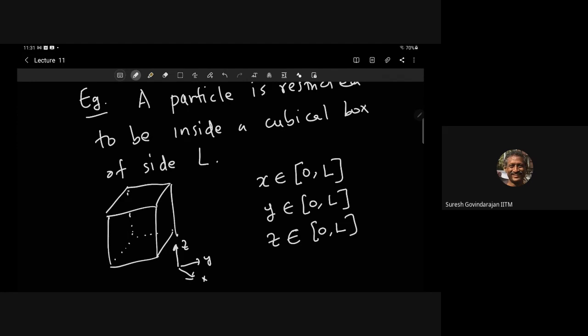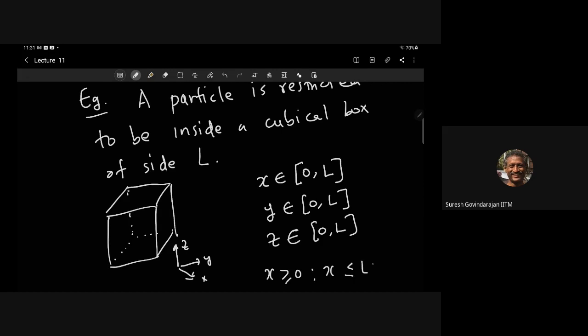Again, there's some freedom in choosing the coordinates. Instead of choosing 0 to L, I can do minus L by 2 to L by 2 or anything like that. But I've made some choice. You can see what is happening here, right? There is a constraint, and it's actually an inequality. It says that x should be greater than or equal to 0 and x should be less than or equal to L, right?